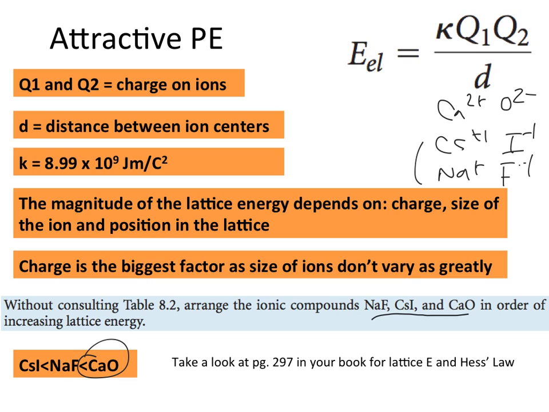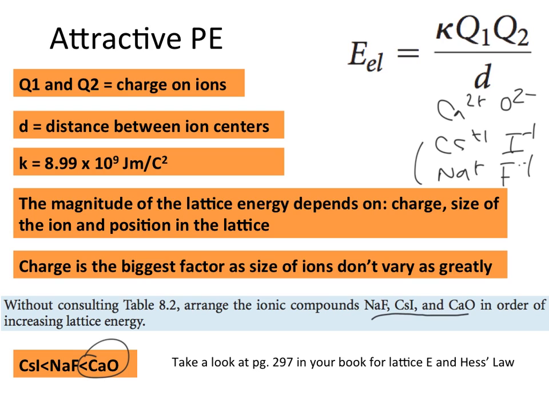Because the charges are the same, what we're going to consider now is the actual size of the ions. If we look at our periodic table, cesium is about 4 rows below sodium, and iodine is below fluorine. Our size trends state that the lower on the periodic table we are, the larger the atom or ion.